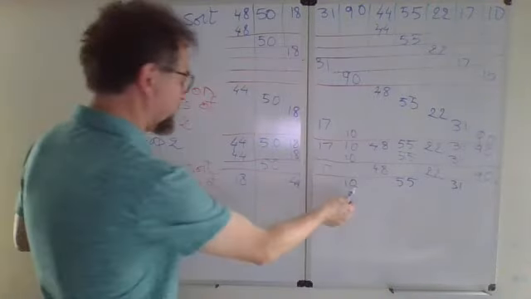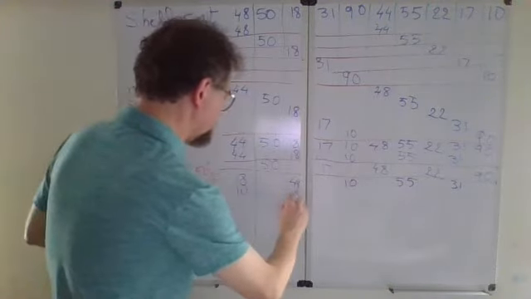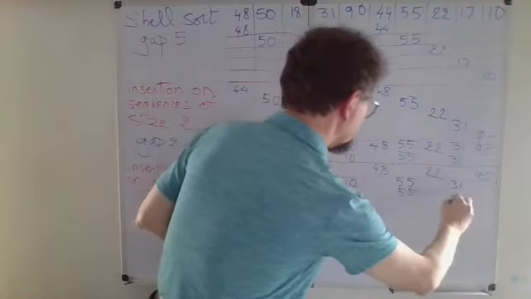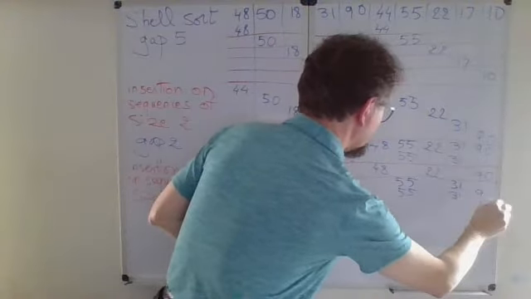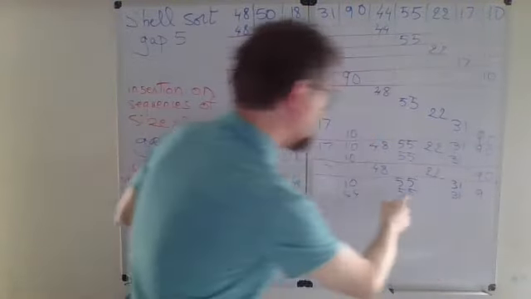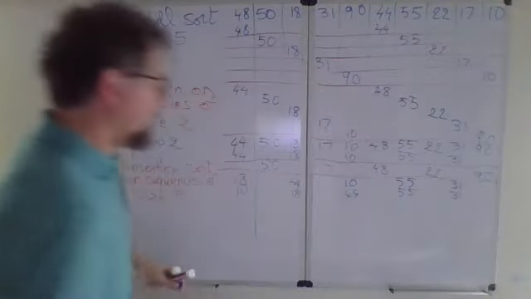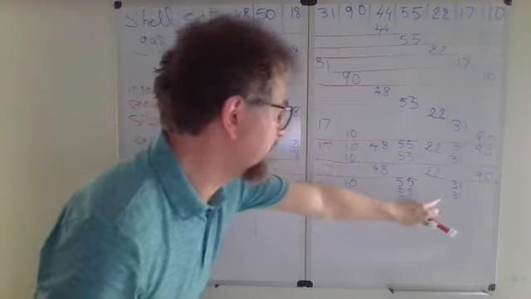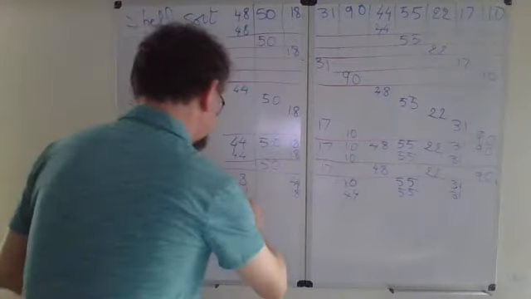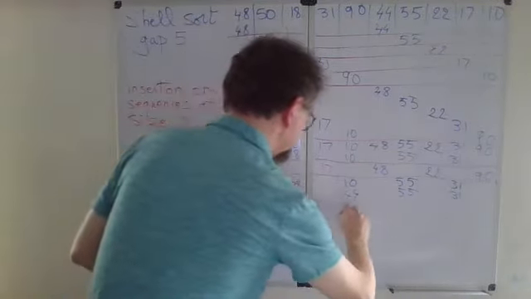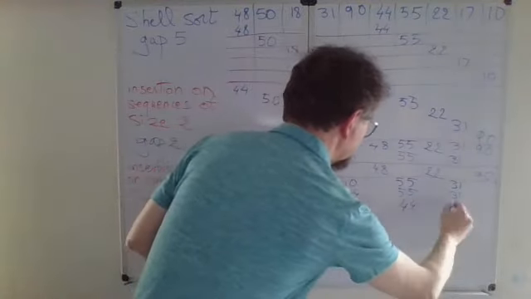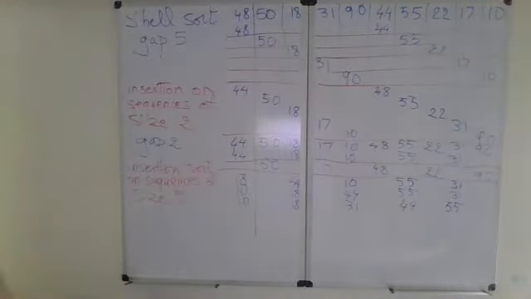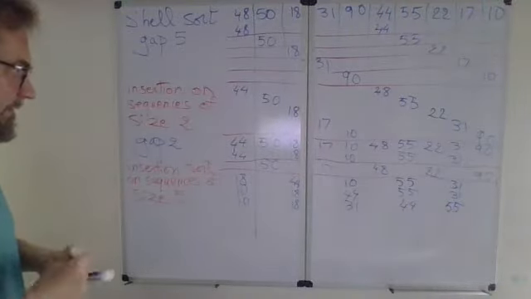Then I'm inserting 10, so our smallest number is now up front. Then 18, 44, I do not have to do anything with 55, so I will not write anything. 31 gets inserted. That gives me the sorted second sequence.